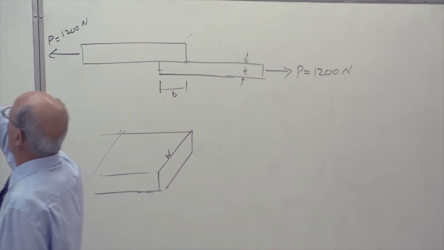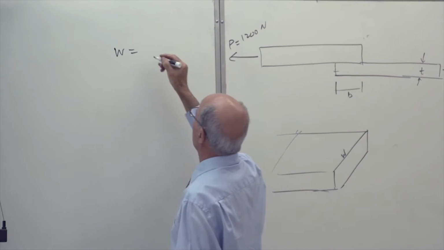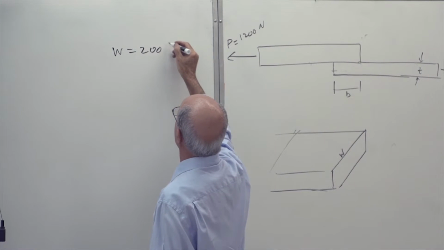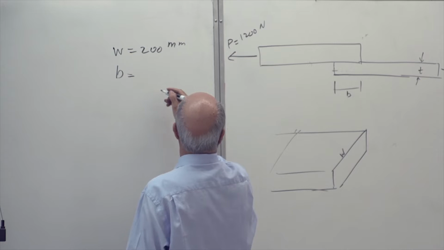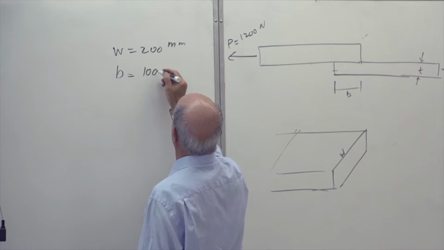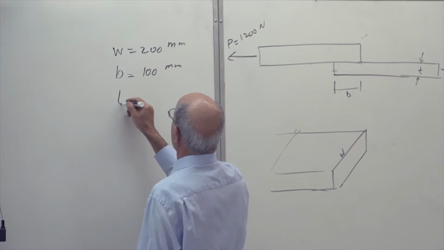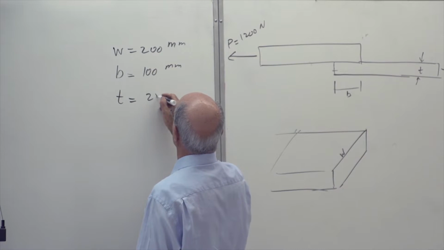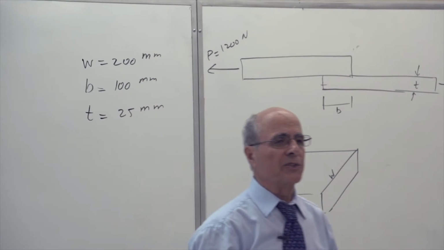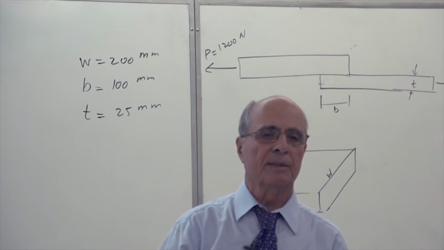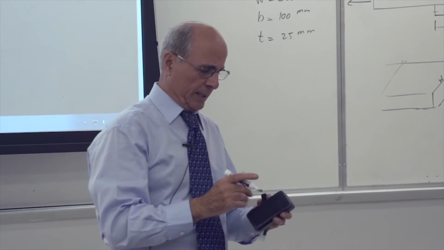Let's assume that W, the width of this plate, going into the depth of the plate, is equal to 200 millimeter. Let's say the overlapping of the two woods is equal to 100 millimeter. And let's say the thickness of each wood is 25 millimeter. Both woods are the same. Yes, like here. Yes? And we have glued this together.